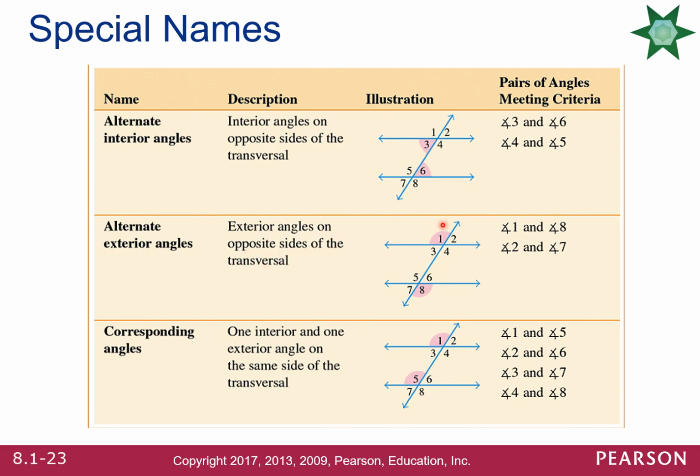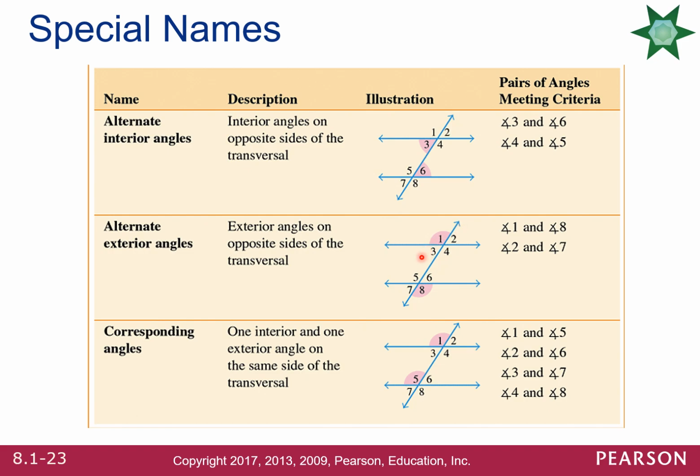So 1 and 8 would be one set of alternate exterior angles, and 7 and 2 would be the other set of alternate exterior angles. The relationship between these angles is that they will be equal. So alternate exterior angles on two parallel lines intersected by a transversal are equal.